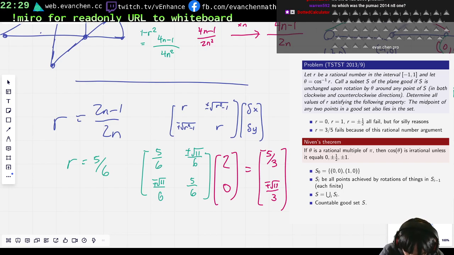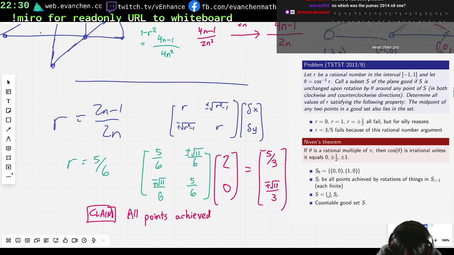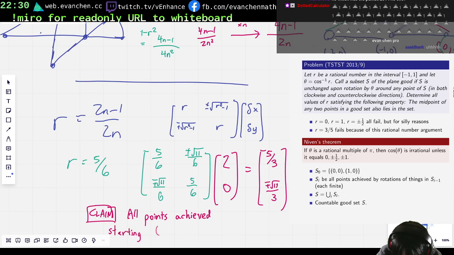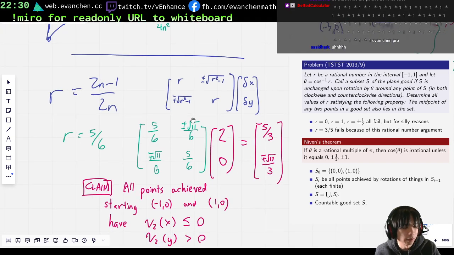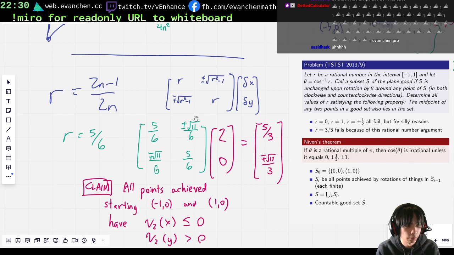So maybe I'm ready to claim that all points achieved starting from -1, 0 and 1, 0 have v2 of x, like, yeah, I claim that the x coordinates always have all denominators no matter what I do, and the y coordinates always have.